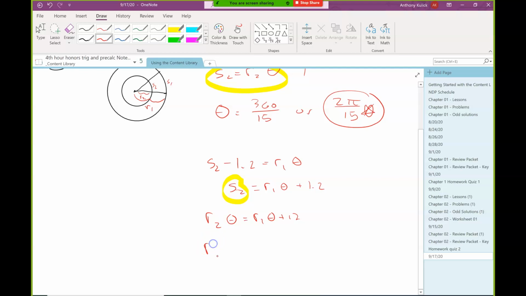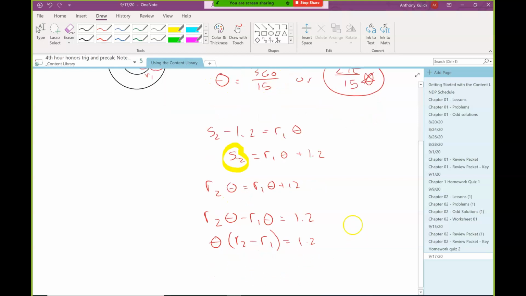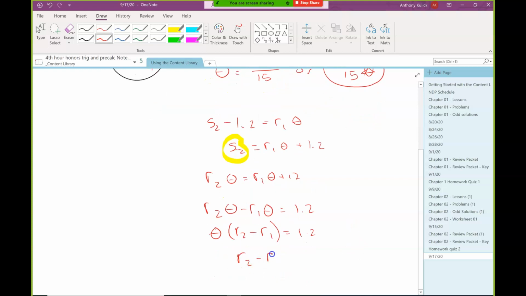So if I subtract R1 theta from both sides, I have this, and I can factor the theta out, and then divide both sides by the theta. The difference in length between the outside and the inside is going to be R2 minus R1, right? So now I just need to solve this.